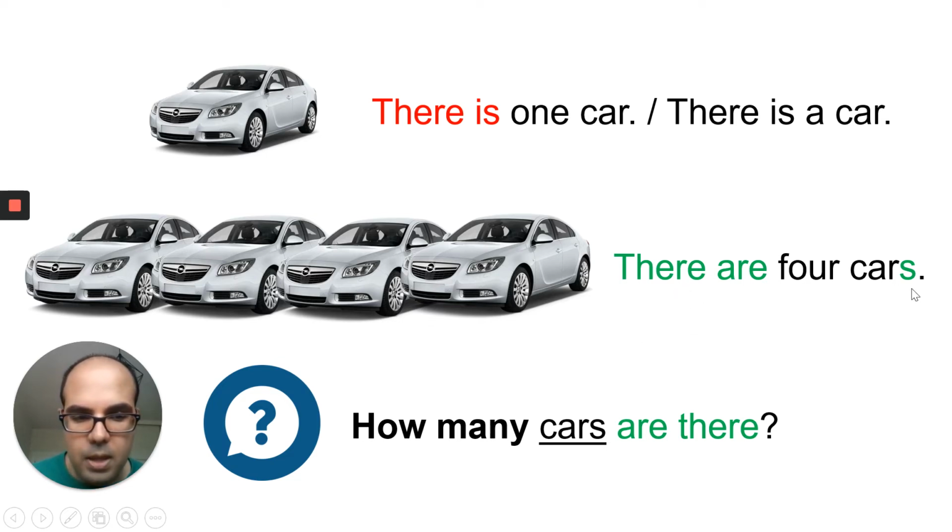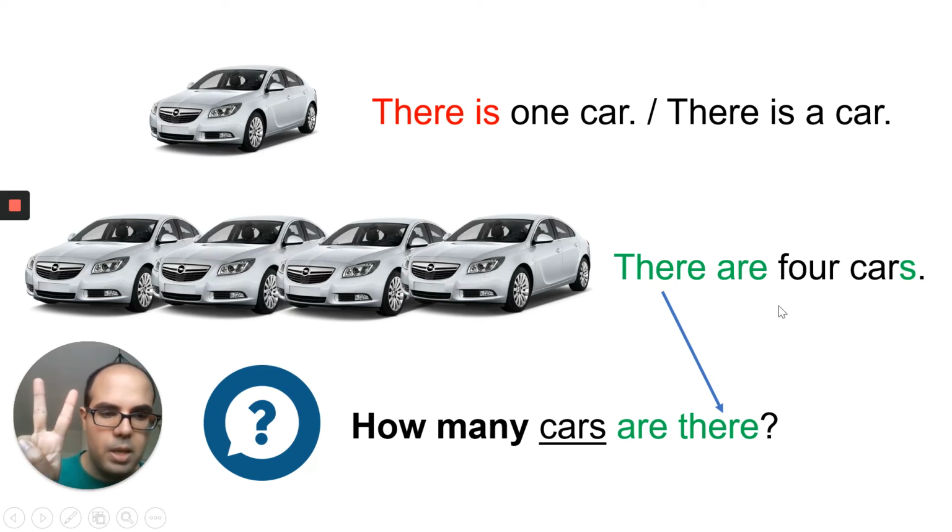There, in the affirmative sentence, there are 4 cars, is in the first position, okay? But in the question, how many cars are there? There is in the second position. It's at the end of the sentence. So there goes backwards, okay? Then are is in the second position in the sentence.